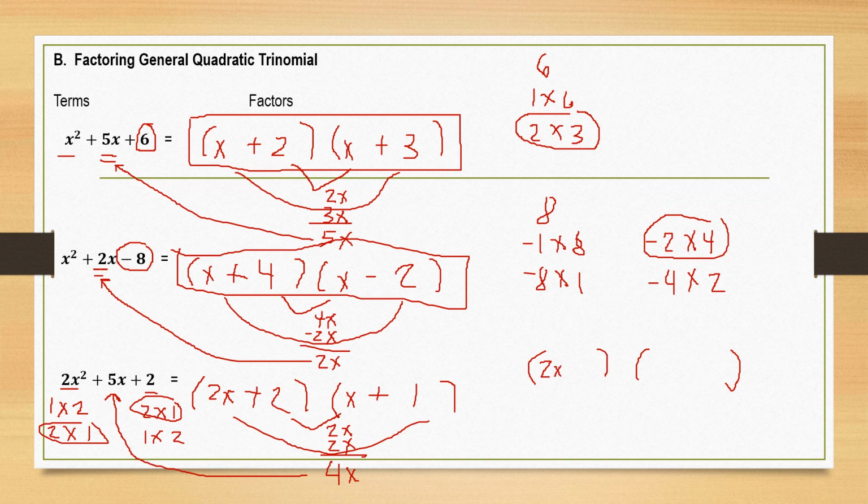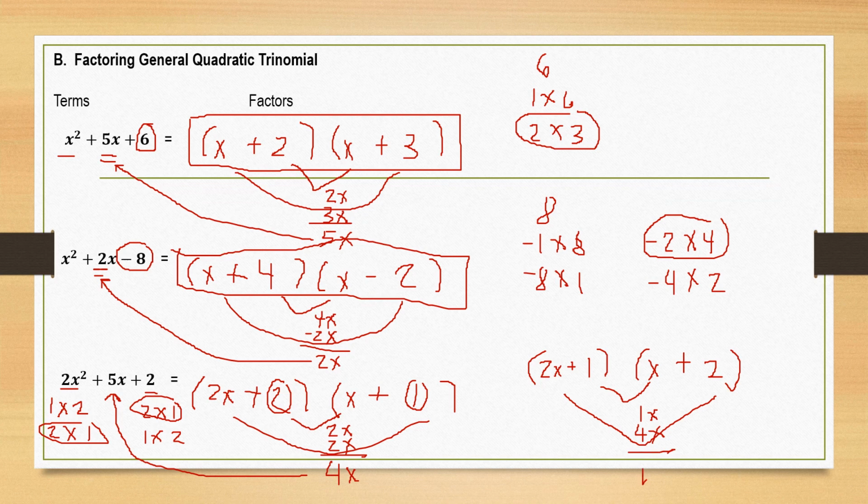2x times x. Okay, let us change the positions of 2 and 1 here. So let's try 1 here and 2 on the next factor. Okay, so 1 times x is 1x. 2x times 2 is 4x.